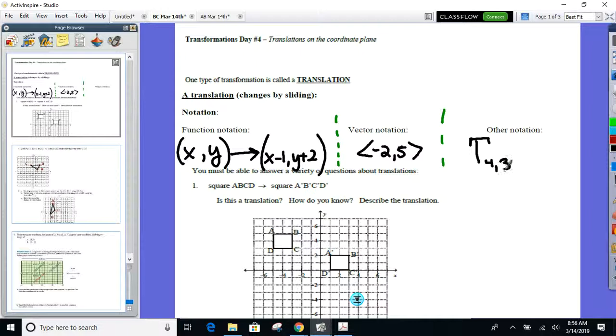So T sub <4, 3>. That's a third way you'll see a translation. So where am I going to move my point? Right 4, up 3. So I have function notation, vector notation, and this other notation with the capital T. All 3 ways you could see, or I could have you write. I could leave your answer in vector notation or function notation.